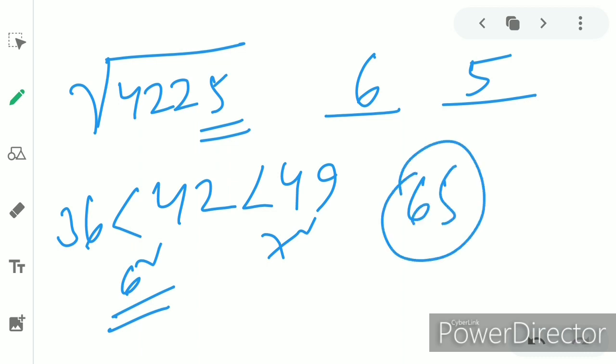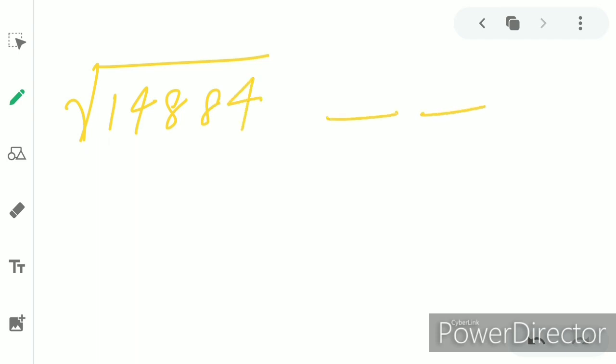Now let's take a 5-digit number. Say square root of 14884. Since it has 5 digits, its square root will have (5 plus 1) by 2, therefore 3 places. Now its units place is 4, therefore the units place of its square root will be either 2 or 8. Now for the tens place.